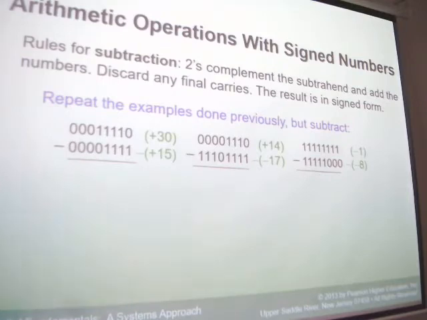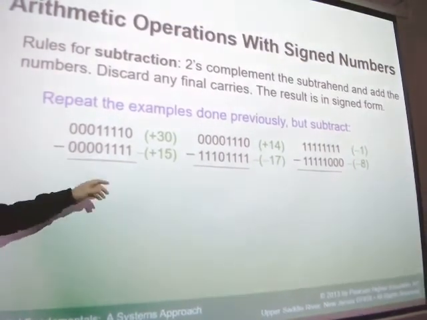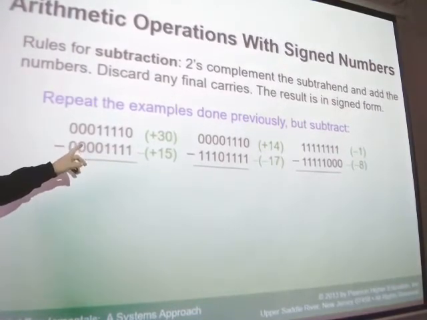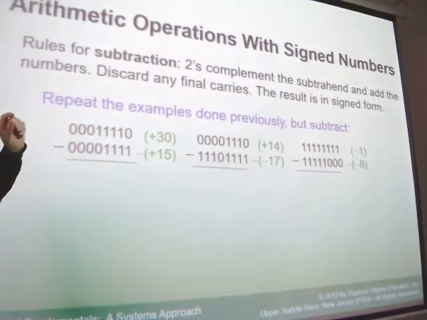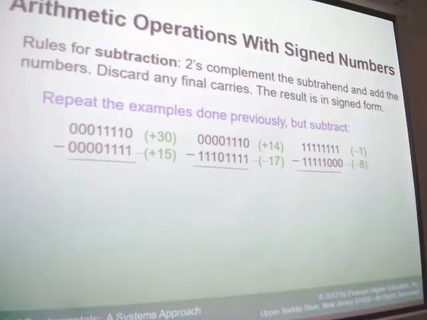Then, for example, 30 minus 15. Then we first use the two's complement to represent minus 15.